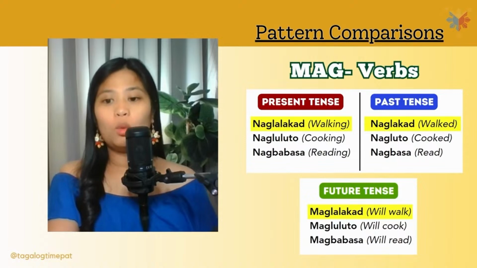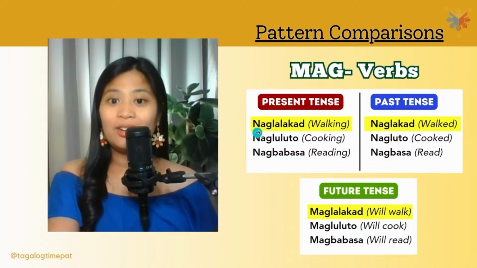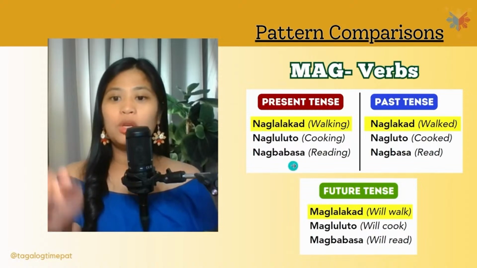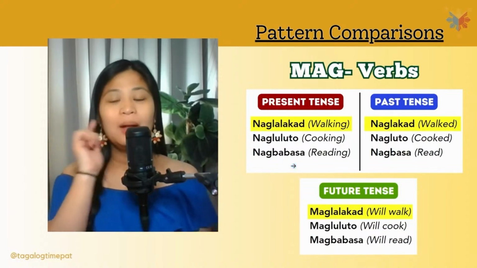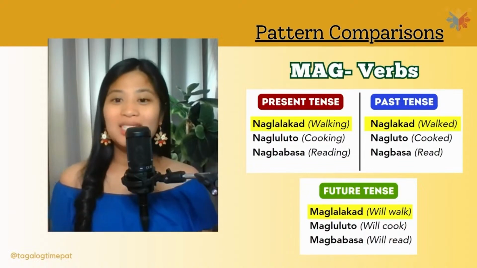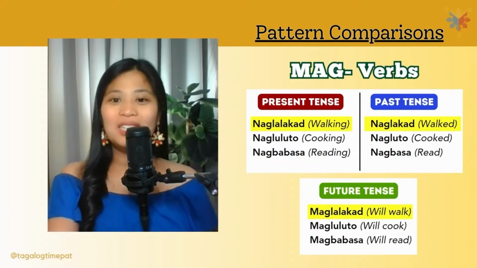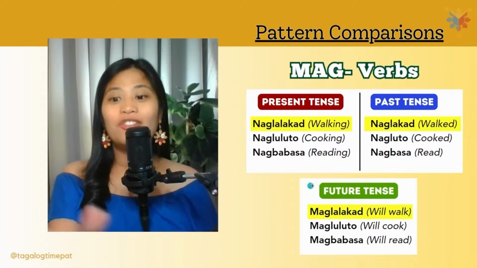That is will walk. So future tense and present tense are very similar for mag-verbs. The only difference is the first letter. So it's one of those things where you have to listen very carefully, but also rely on the context clues in case you miss what that first letter was. Okay, so it is a very similar pattern for present and future tense conjugation of mag-verbs.